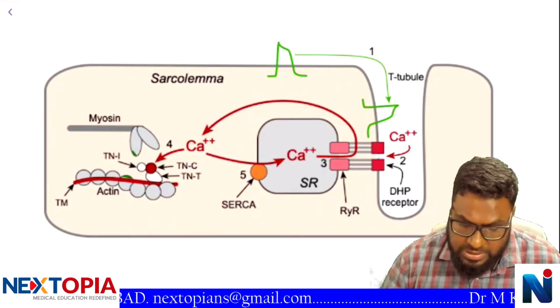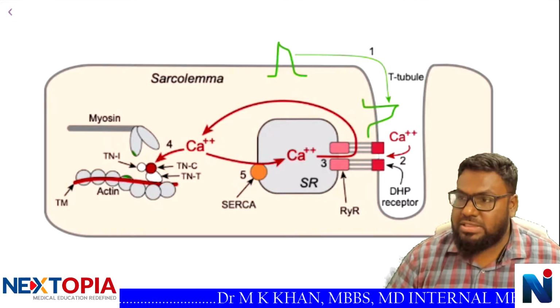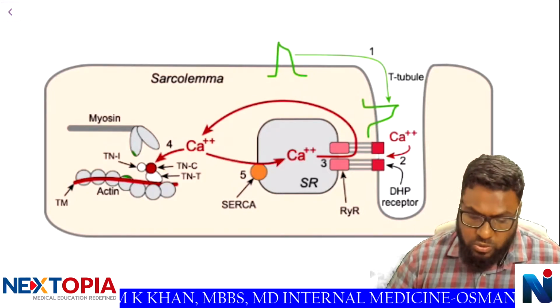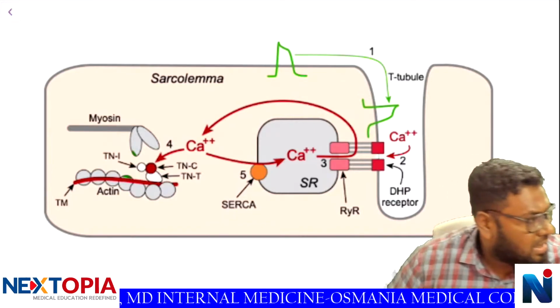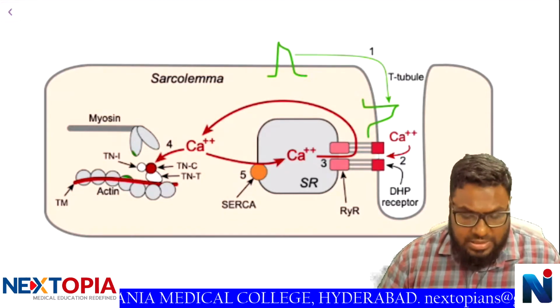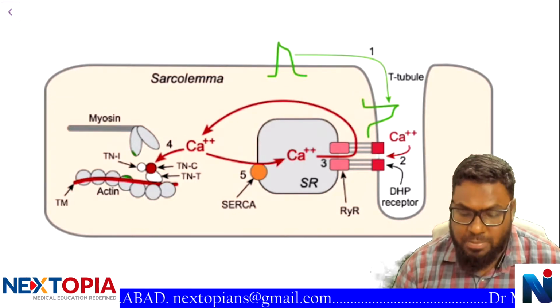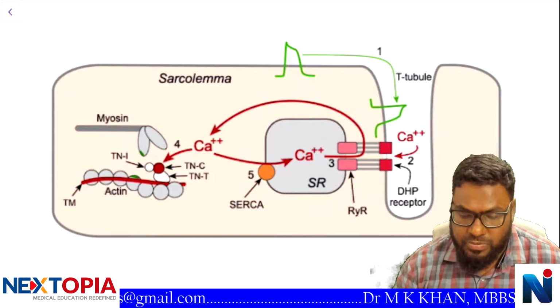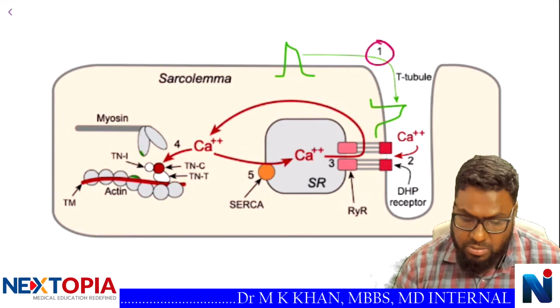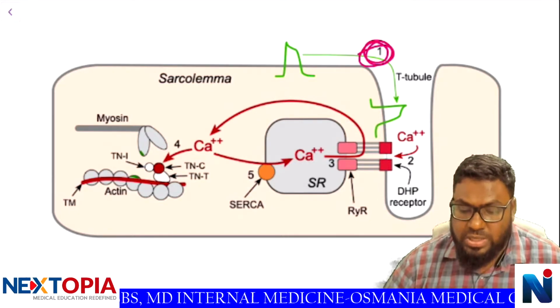Hope you are able to follow. It's a sarcolemma. I repeat again all the important steps which I am showing you. One is the action potential reaching the sarcolemmal protein. This is the first step, point number 1 here, that is, onto the T tubule.